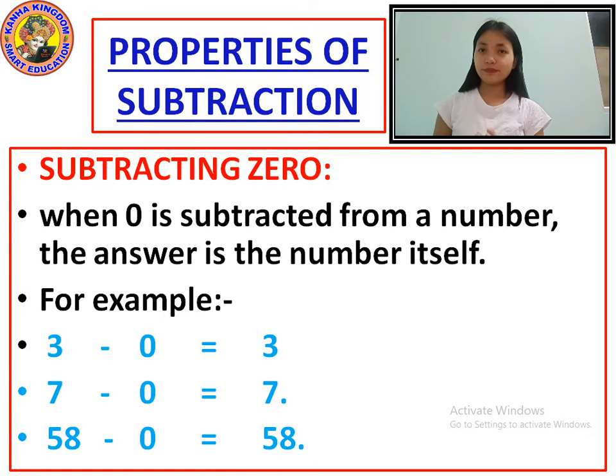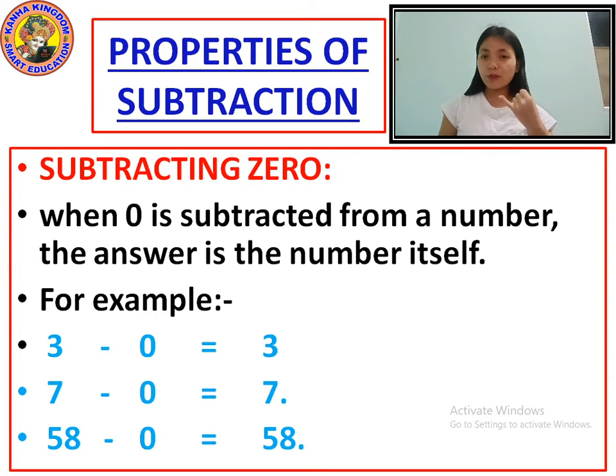So in this example, while subtracting 0 from 58, we got 58 as the answer. It means when 0 is subtracted from a number, the answer is the number itself. Okay, students, we learned properties of subtraction.